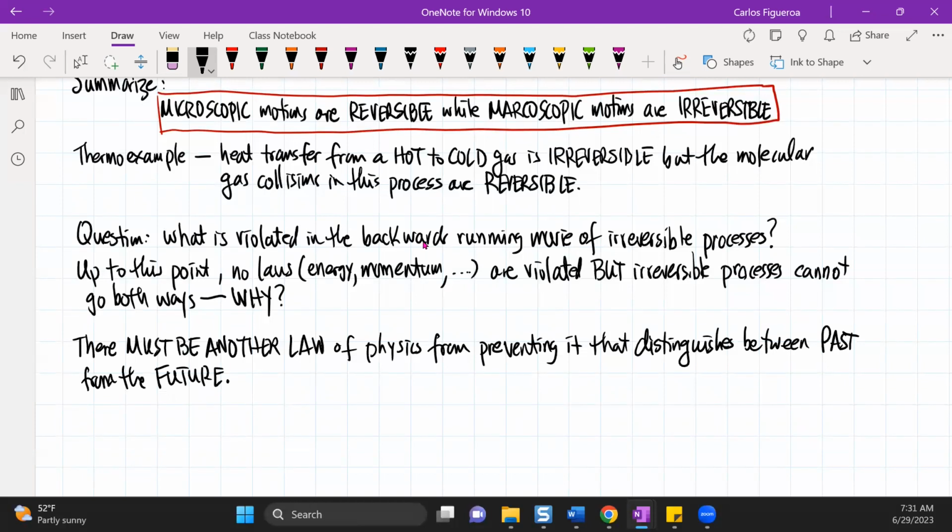So it's really the same question that we talked about before when we started this lecture. If I go back to a thermal interaction, what law prevents the transfer of heat from the cold to the hot gas? That's the question that we're asking right there.